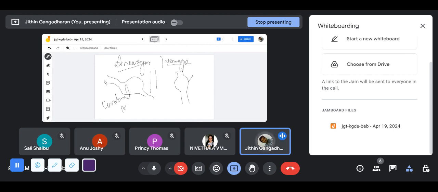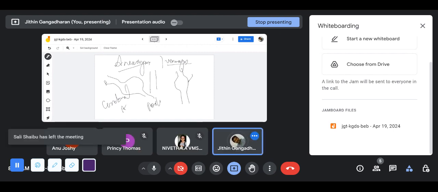Okay, if it is your aorta, if the thoracic area is having an aneurysm, we'll call it a thoracic aortic aneurysm. If it is in the abdominal area, we'll call it an abdominal aortic aneurysm, AAA. So these are the classifications of aneurysm. It depends upon which area is involved.